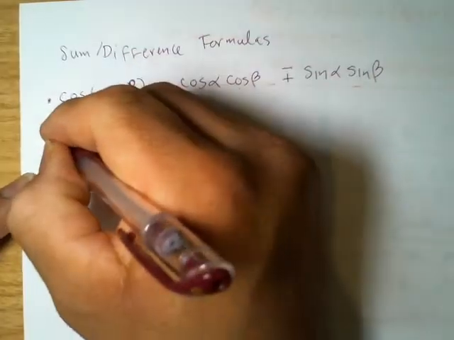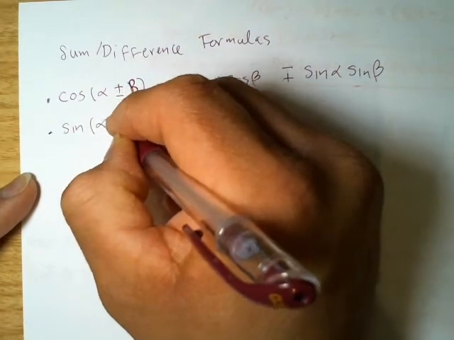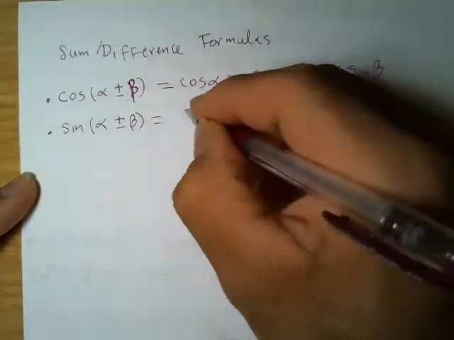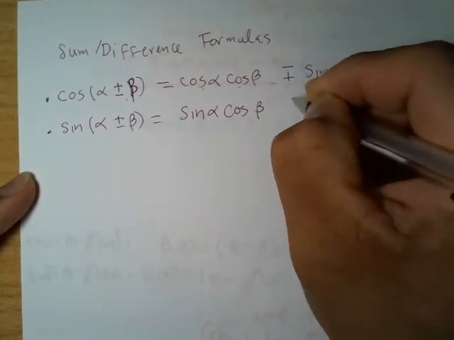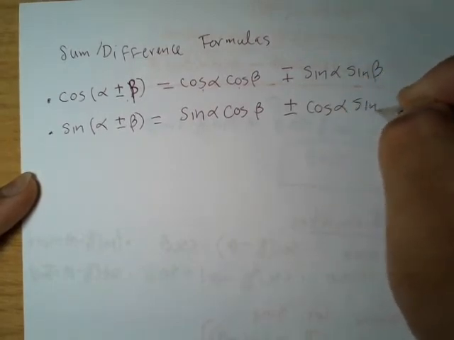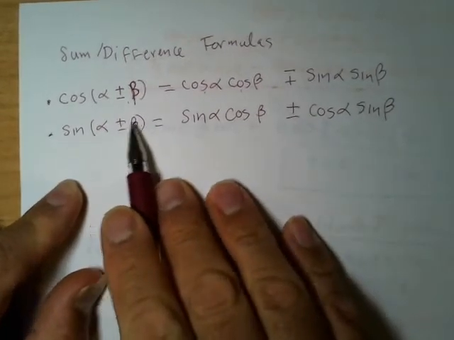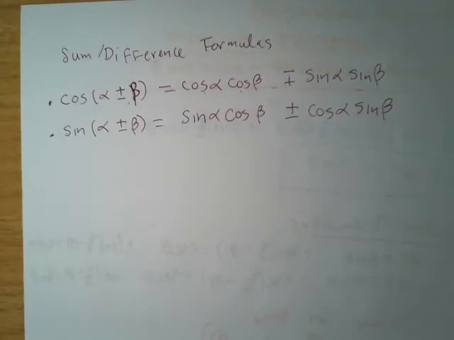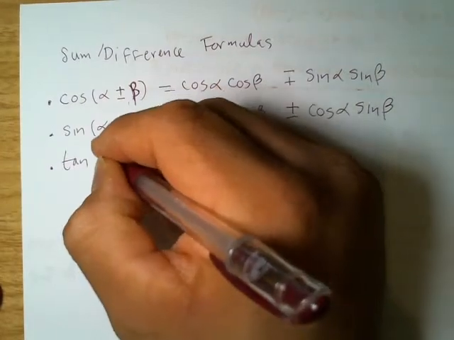And then for the sine of alpha plus beta, this will be sine of alpha, cosine of beta, plus or minus cosine alpha, sine beta. Again, when using the top one, pick the top sign. It's a compact way to represent four formulas with two, just switching out the plus and minus. The tangent we didn't discuss, so I'll just state it without proof.